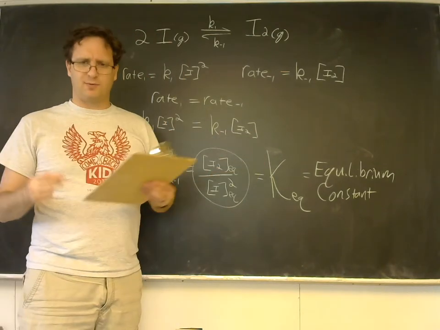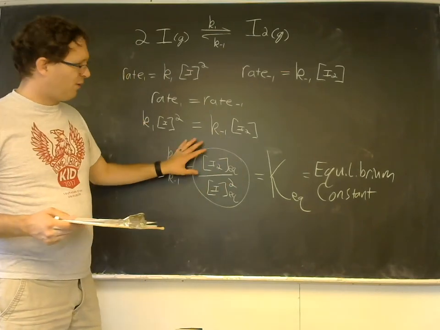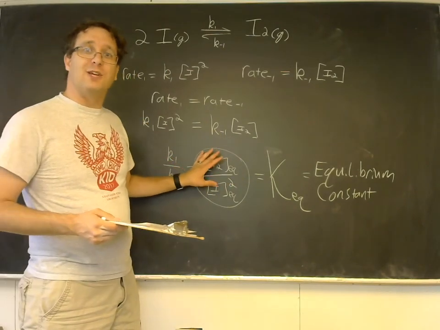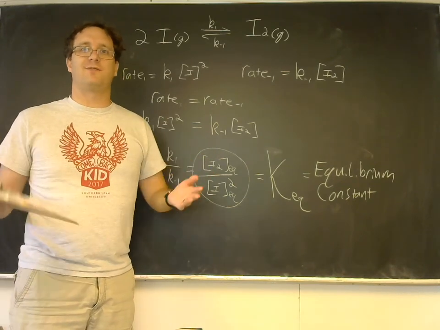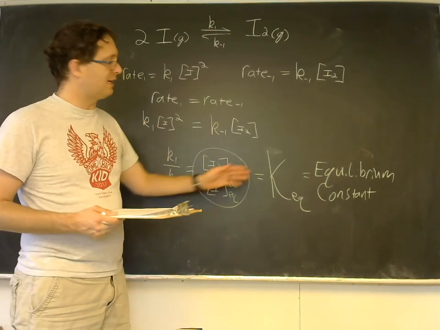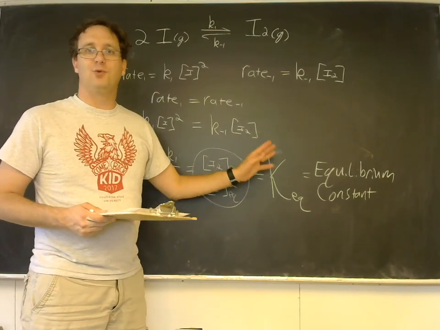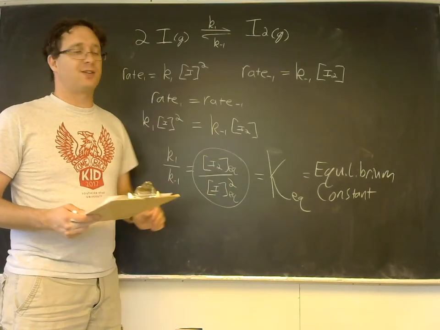So a couple of quick notes. We're going to be really sloppy with units for a second here. I promise you there is a justifiable, detailed reason for why equilibrium constants are unitless, but we don't want to get into those details.